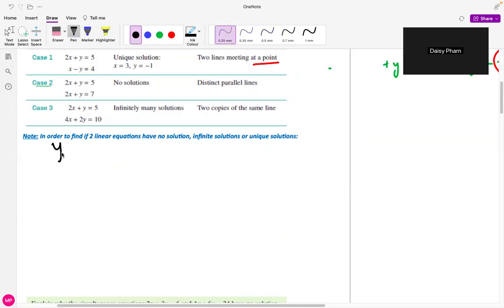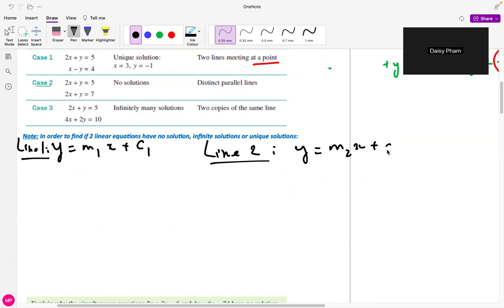We're going to generalize into y equals m1x plus c1, where m1 is the gradient of the first line and c1 is its y-intercept. We're going to call that line number one. Then line two, we're going to call y equals m2x plus c2, with the second gradient and the second y-intercept.